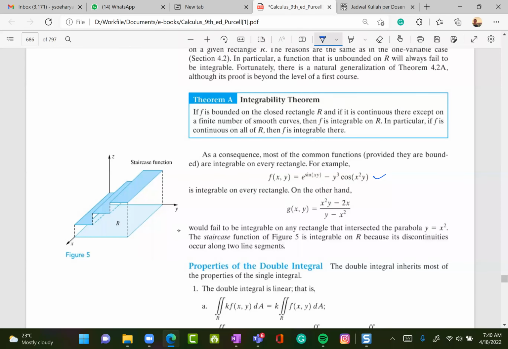On the other hand, this g here is a bit of a problem because it is not defined at y equals x squared, the parabola.